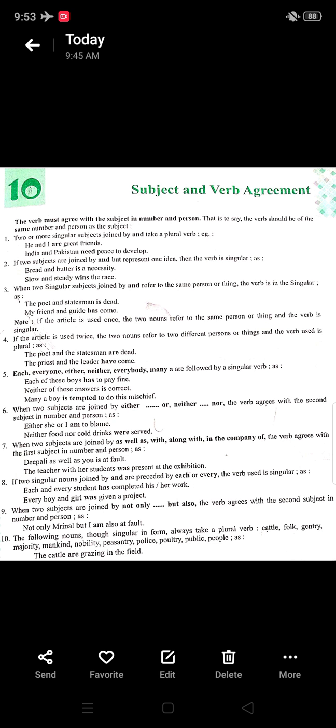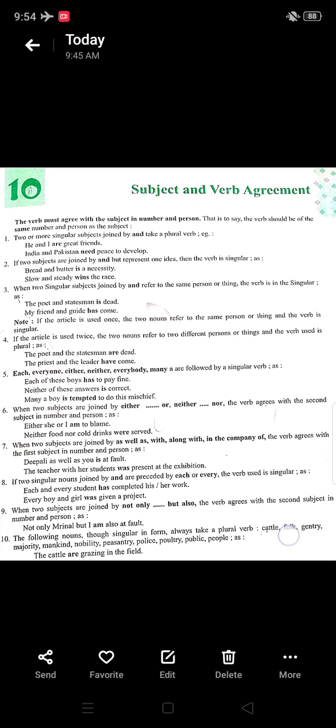Like each boy and girl was given a project. Here boy and girl are two singular nouns and they are preceded by each or every. Here I have used the word every. So in that case they are followed by a singular verb, which is was here. So each boy and girl was given a project.